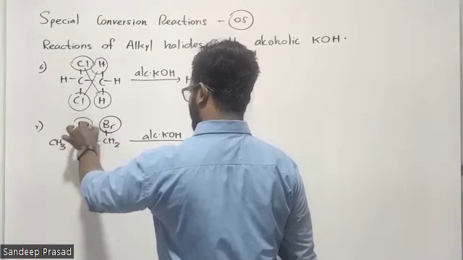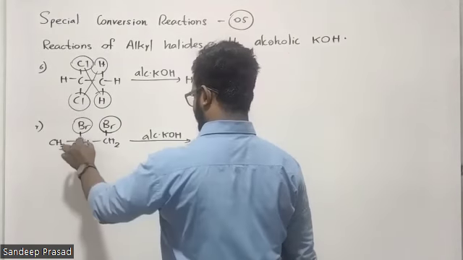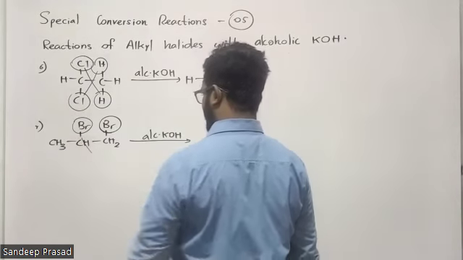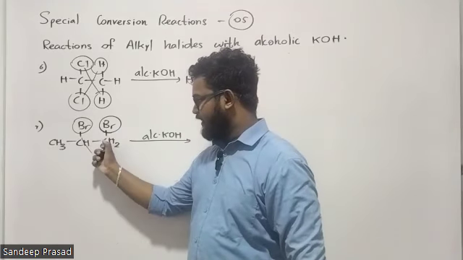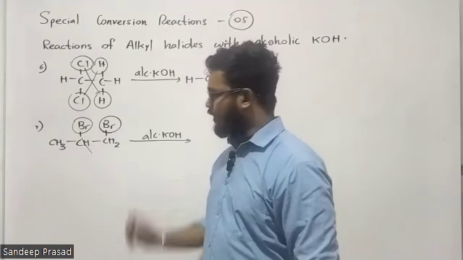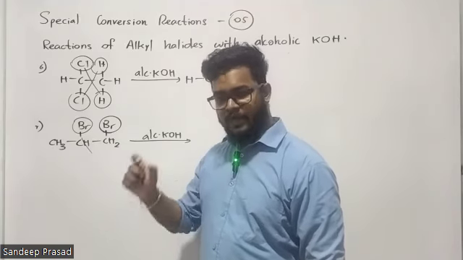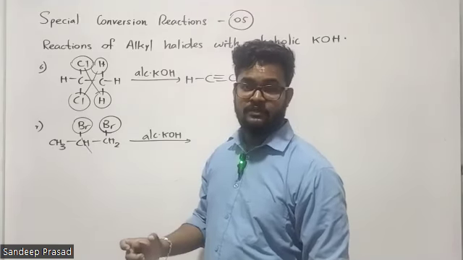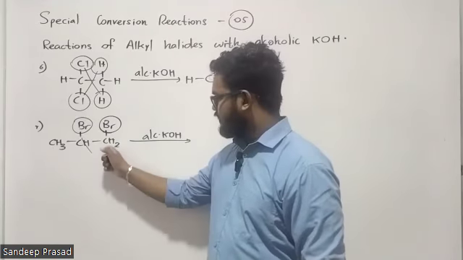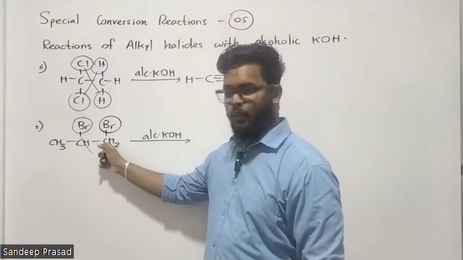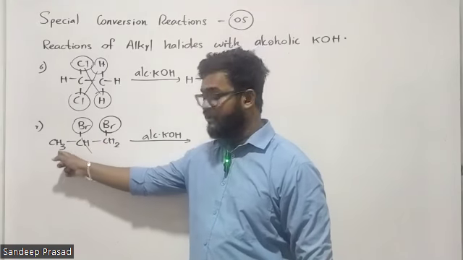And consider this bromine. So, this bromine containing carbon has two neighbors. Left hand side this carbon atom and the right hand side this carbon. According to the Zaitsev rule, hydrogen should be eliminated from the carbon which is connected to the poorer number of hydrogen atoms. That means this is the carbon connected to 2 hydrogens and here we have 3.